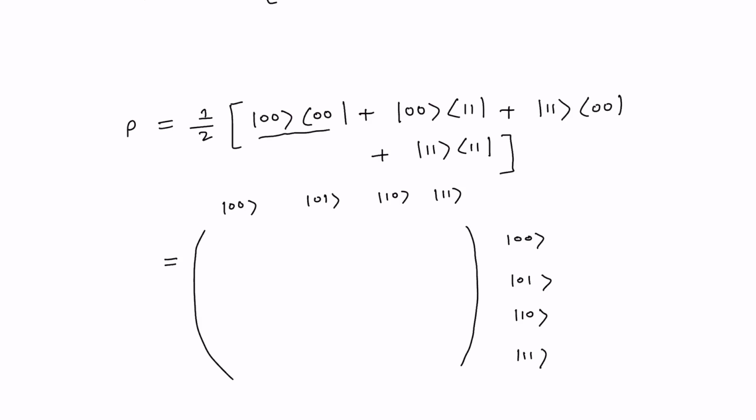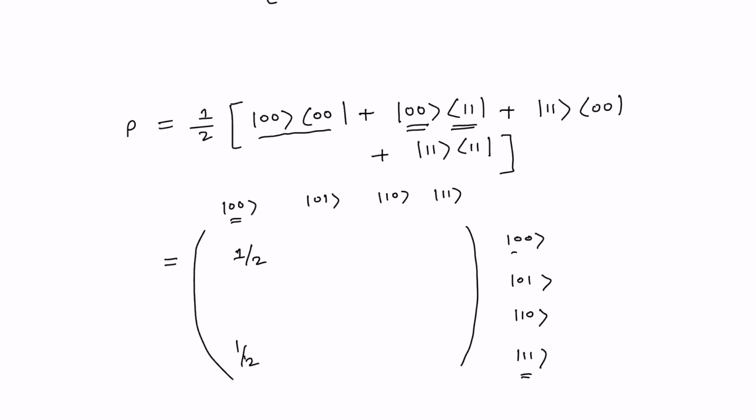Say 00: ket 0 0 bra 0 0, here you have ket 00 as row, then bra 00 as column, its coefficient is half, right? So therefore I will have simply half here. Similarly again you see ket 00 as row and 11 as column. If you think of it this way, ket 00 as my row and 11 as column, this will belong to this spot, and this is again 1 half here, its coefficient is 1 half.